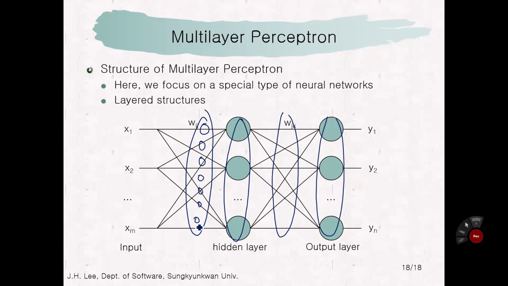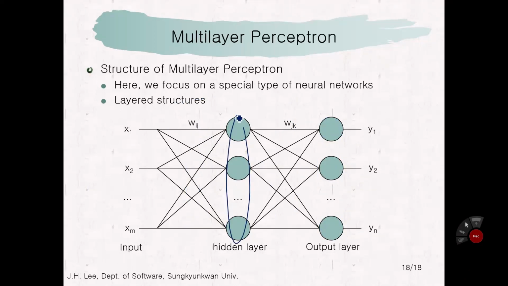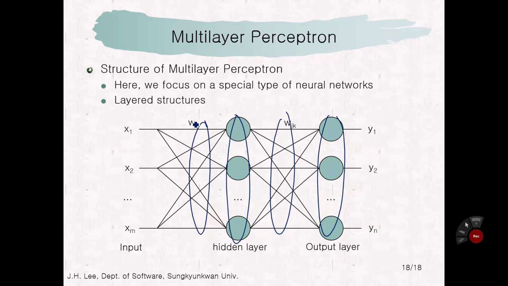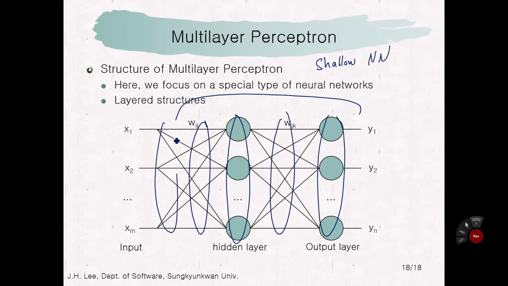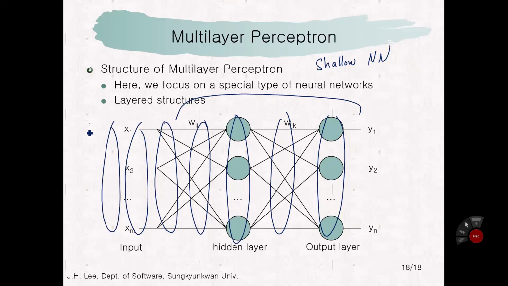Okay, so if you put down one hidden layer, or 2 hidden layers, or 3 hidden layers, maybe then you may say this is a shallow neural network. Okay, you may put down more hidden layers here.